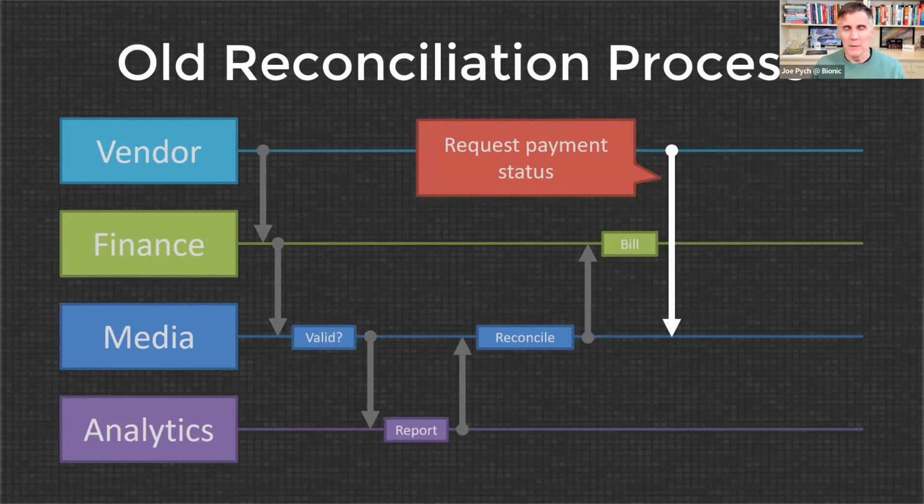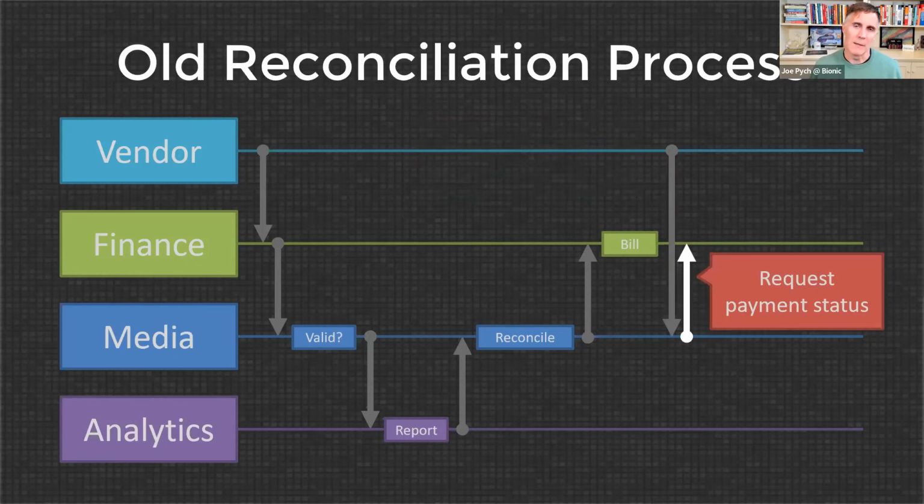Meanwhile, maybe days or weeks have passed, and the vendor wants to know about the payment. So they contact their immediate contact and say, hey, what's up with this invoice? Because the media team doesn't have direct access to the finance system, they don't know. So they contact the finance department.